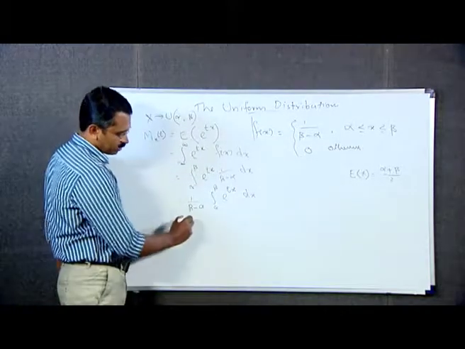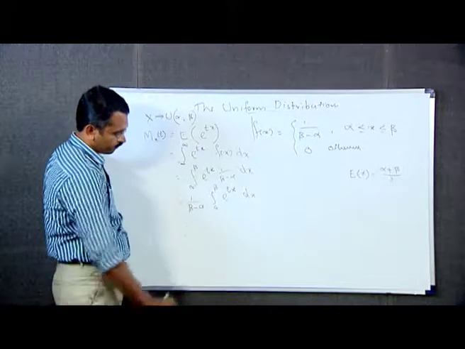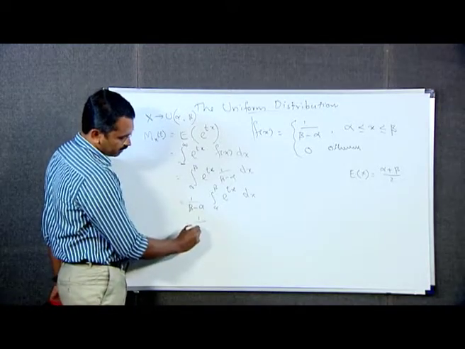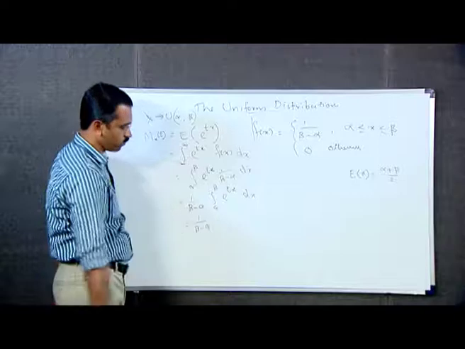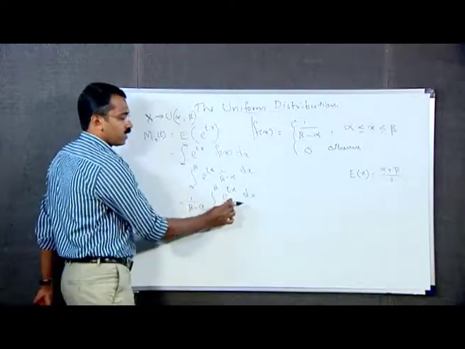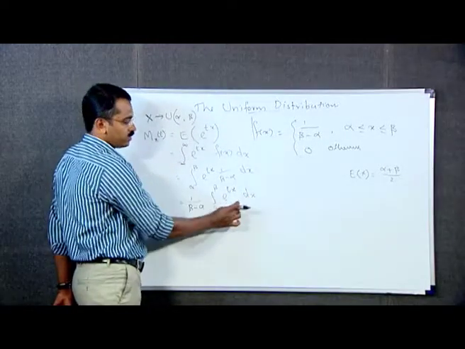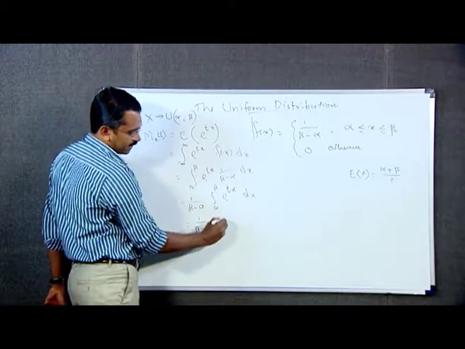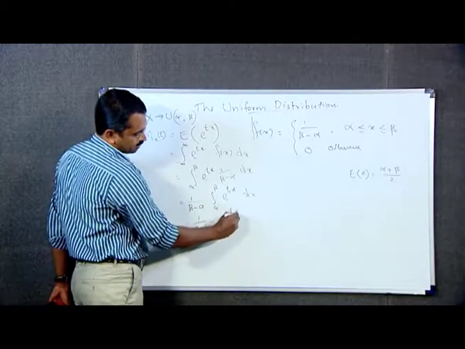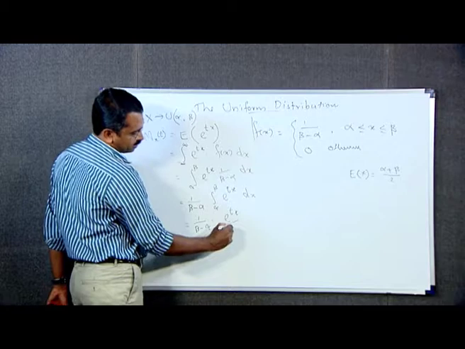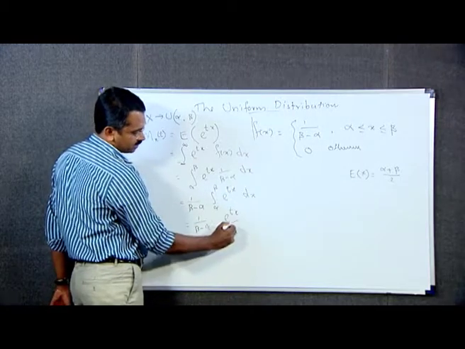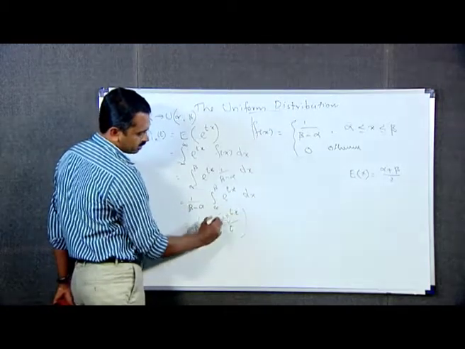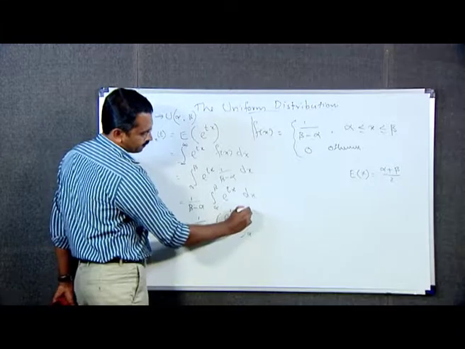On integration, we get 1 by beta minus alpha into integral with respect to x, therefore it is e raised to tx divided by the coefficient of x, which is t, between the limits alpha and beta.